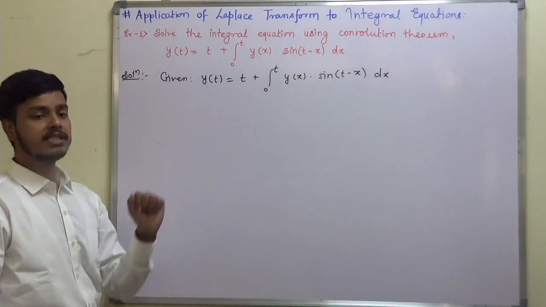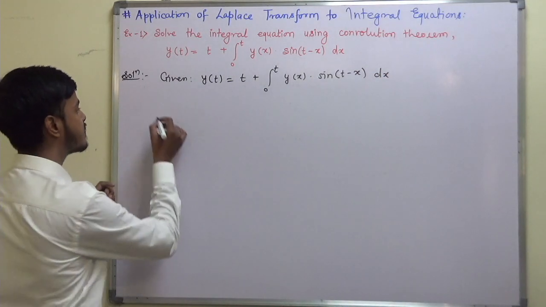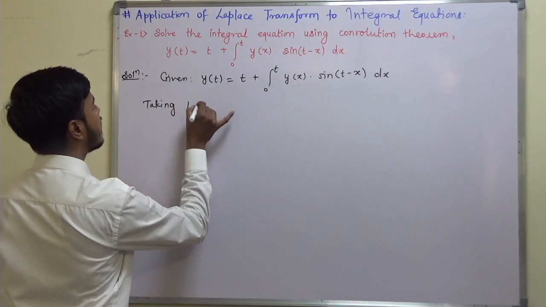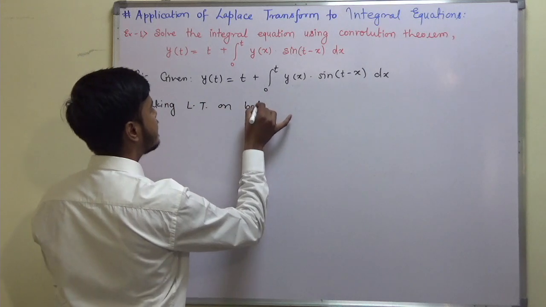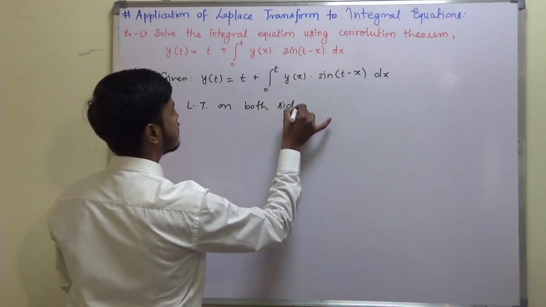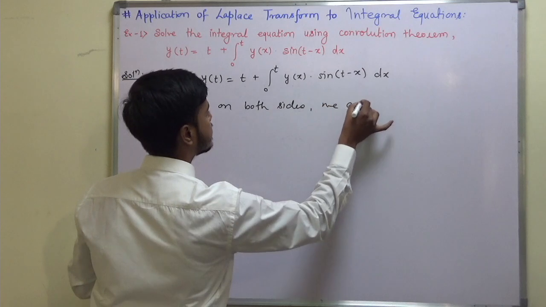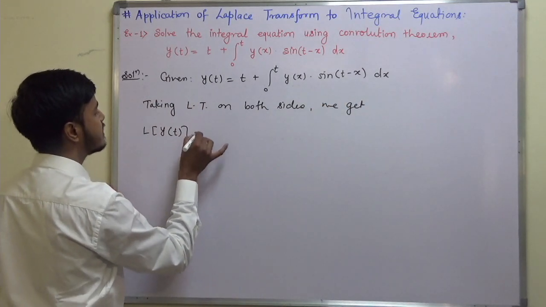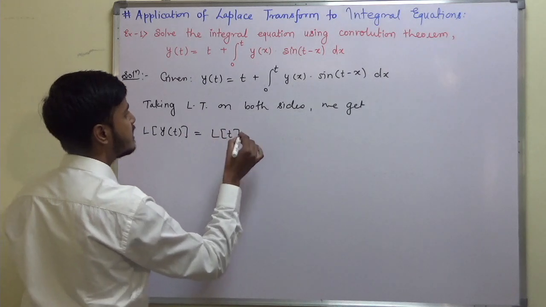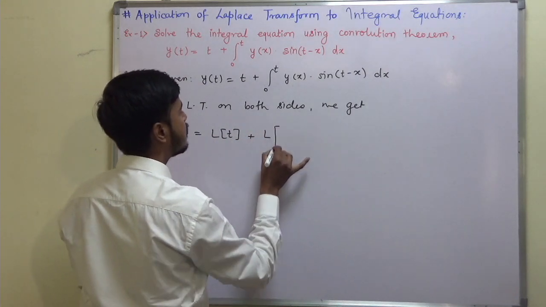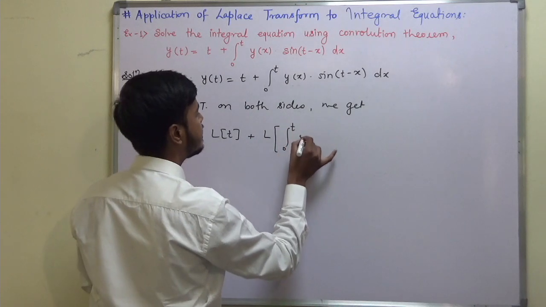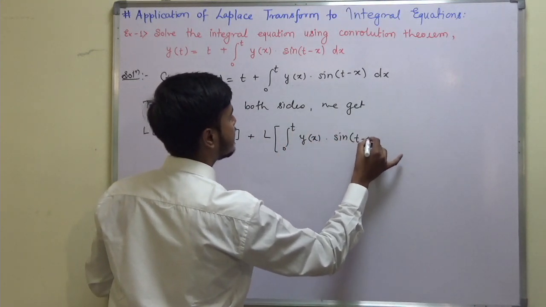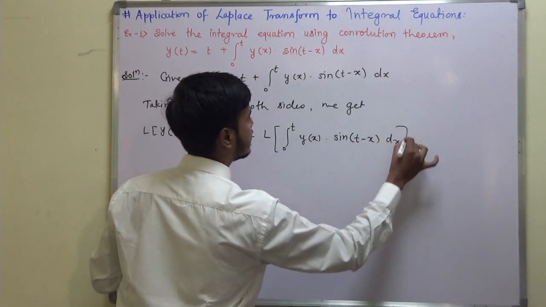After writing down this equation, take the Laplace transform. Taking Laplace transform on both sides, what do we get? Laplace transform of y of t is equal to Laplace transform of t plus Laplace transform of integration 0 to t y of x into sine t minus x dx.